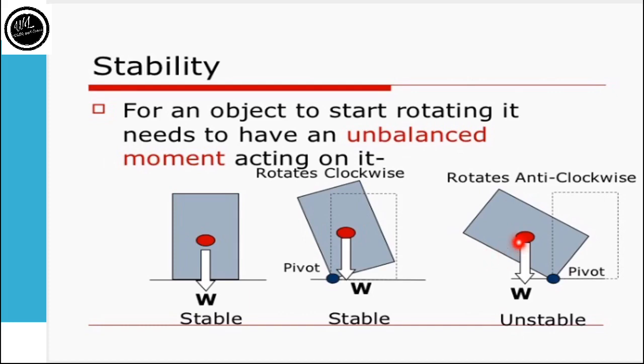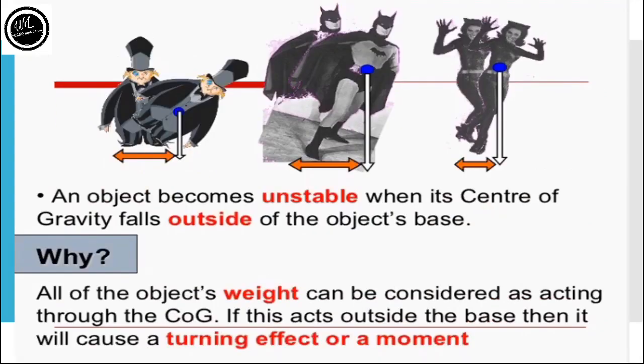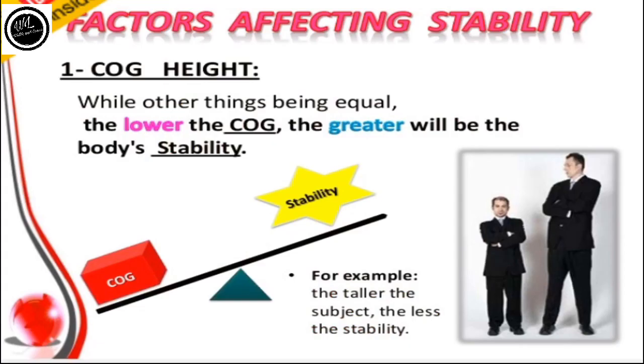Obviously, if the line passing from the center of gravity goes out from the base, then the body will be unstable. So that's why vehicles are made heavy at the bottom, as well as wide at the bottom.